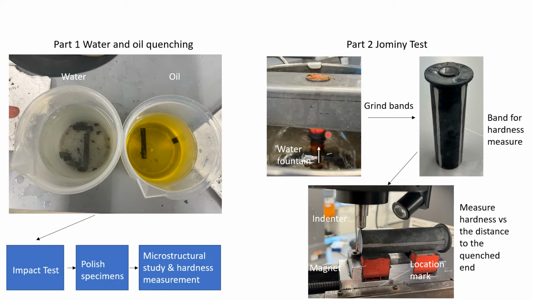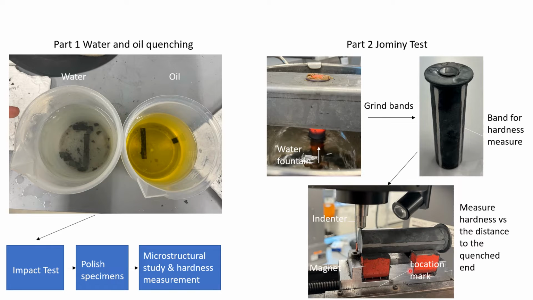This cooling process will take 10 to 20 minutes. Once the entire sample gets cool, we're going to grind the side of the sample to get a band for hardness measurement. Then we are going to use a hardness Jominy sample holder to measure the hardness profile along the length.